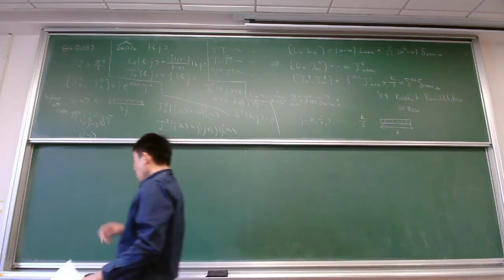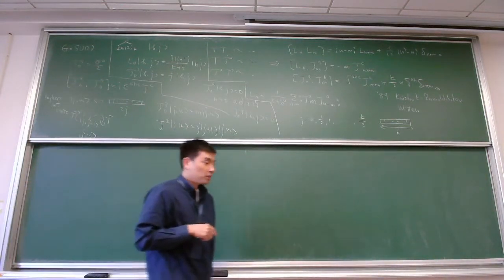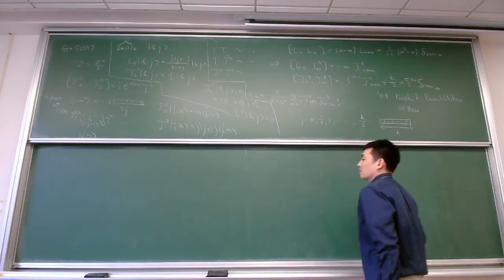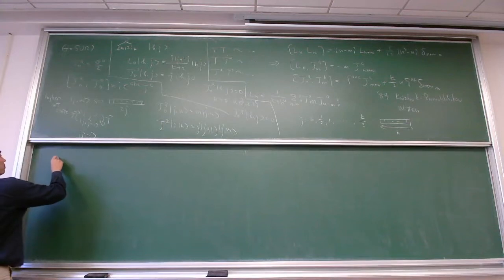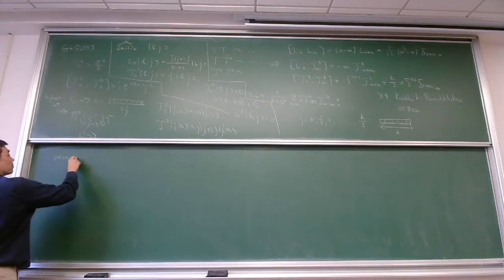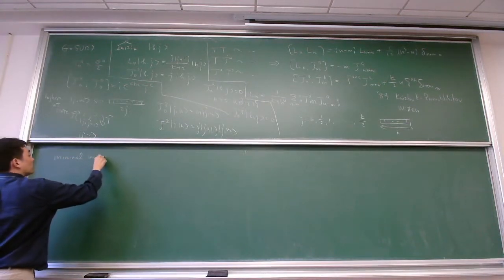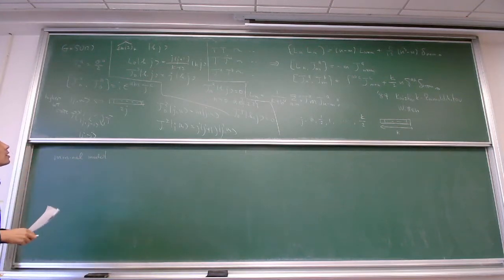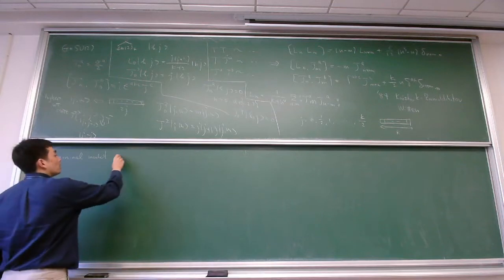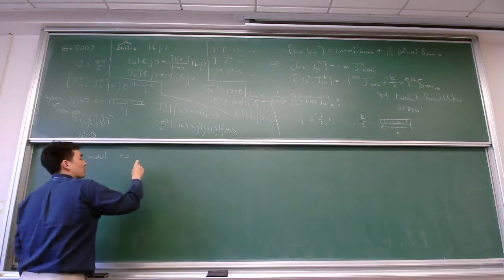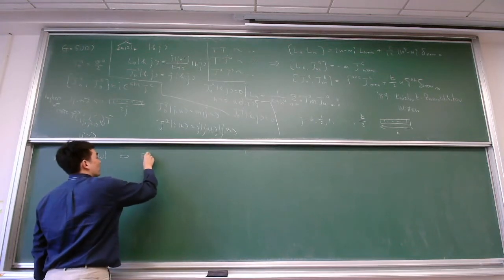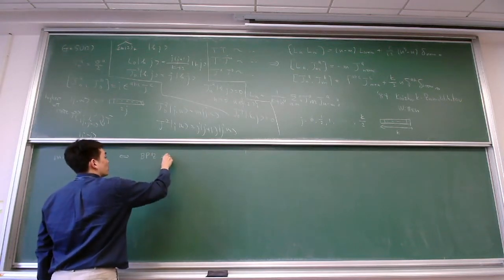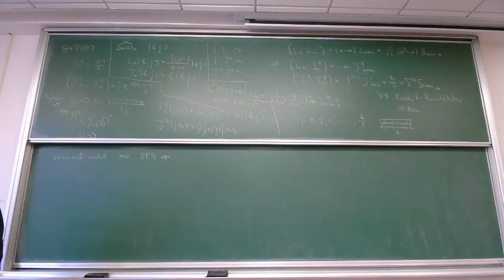In the minimal model, we have already seen that the correlation function should satisfy the so-called BPZ differential equation by inserting the degenerate field.